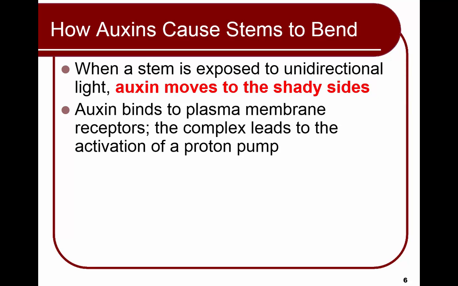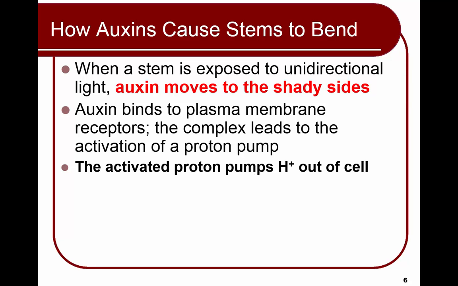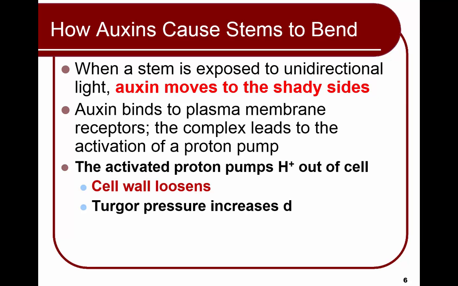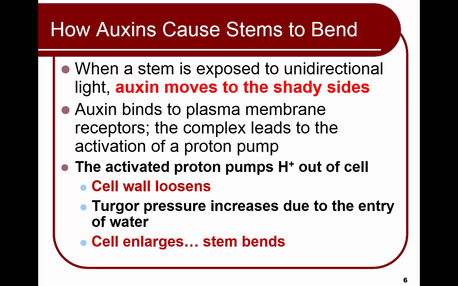And that will activate a proton pump so that hydrogen ions are pumped out of the cell, and conditions will become a lot more acidic in the cell wall. So the cell wall will loosen and turgor pressure will increase because you've got more water entering the cell. So the cell enlarges, and this causes the stem to bend up towards the light at the tip.